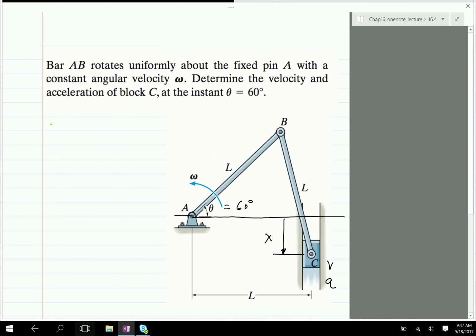If I can find x dot, and if I can find x double dot, I would have found the velocity of C, which is x dot, and the acceleration of C, which is x double dot. This is v and this is a. Okay, so my goal is to find x. If I can find that, I should be done with this problem.